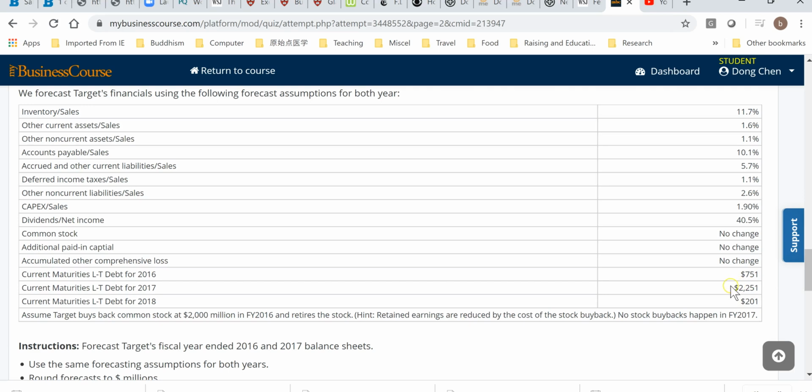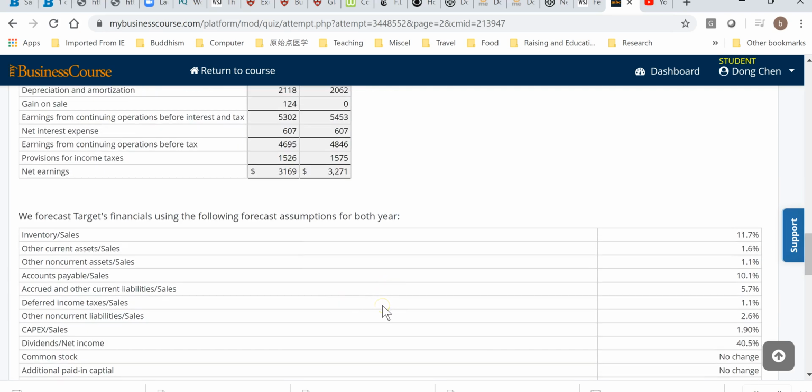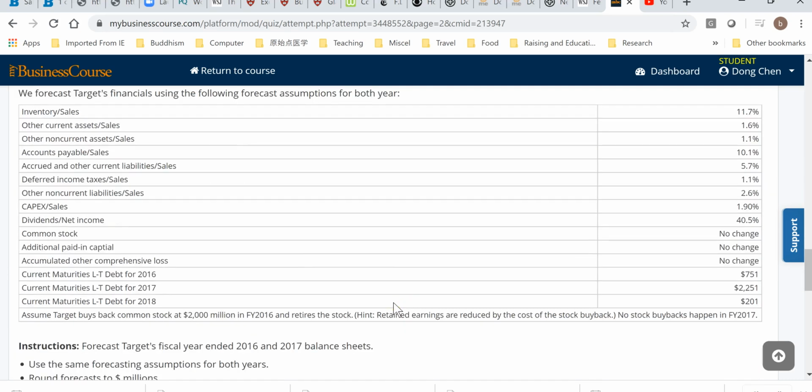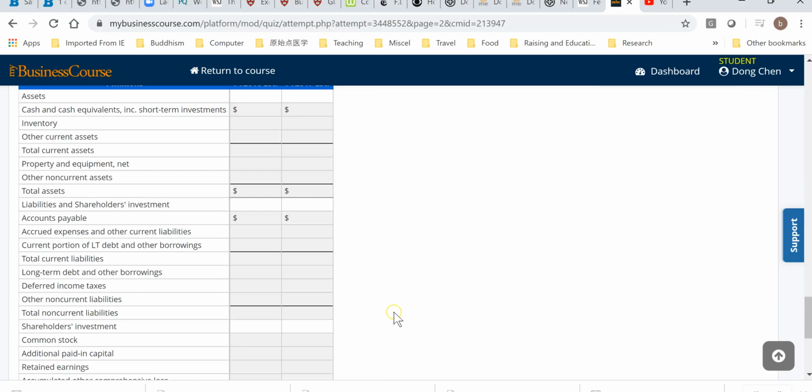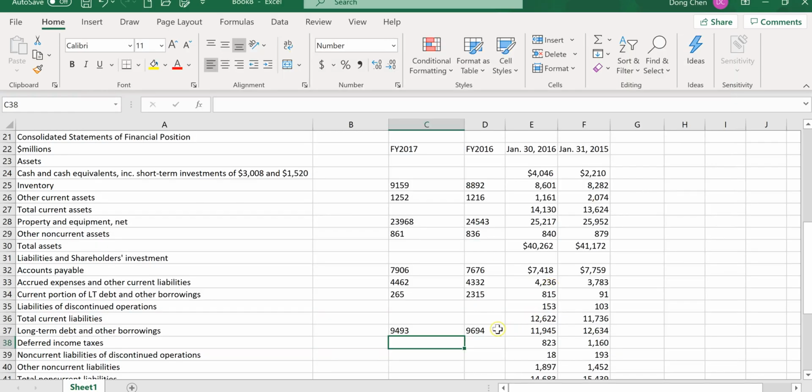And we also need to be careful to see whether there's any assumption provided by the setup that the firm will issue some new long-term debt. If that's the case, then we also need to add that new issuance of long-term debt. But it doesn't seem that's the case, so we can leave this as is.